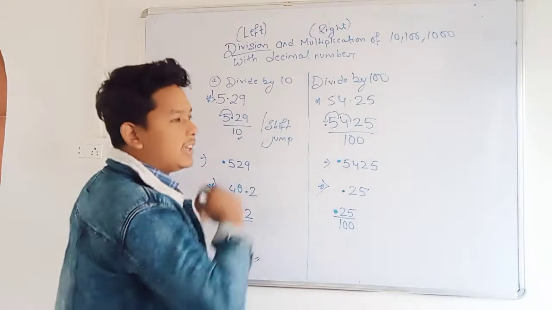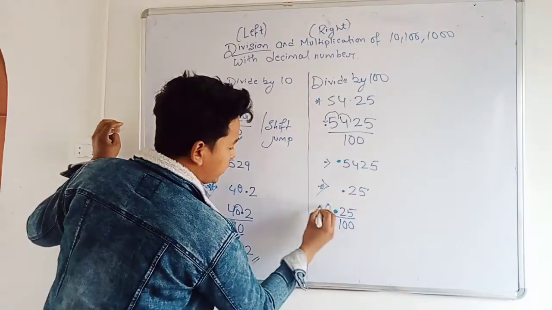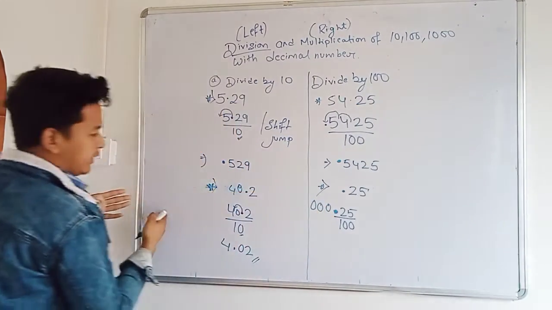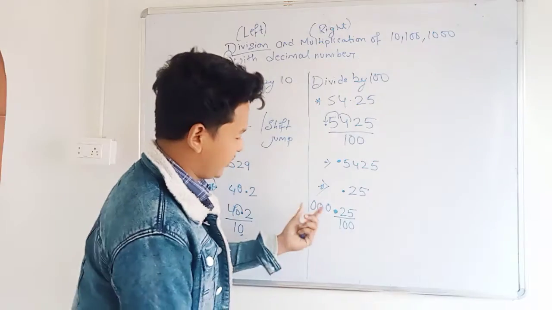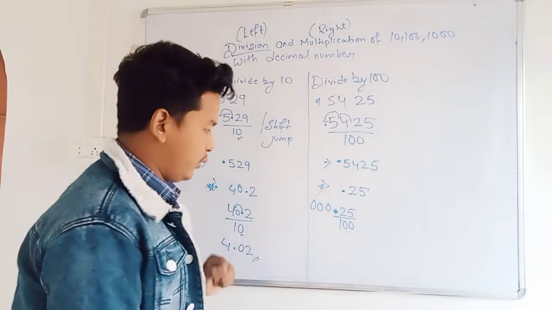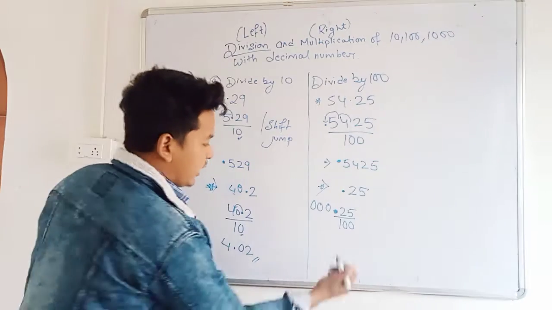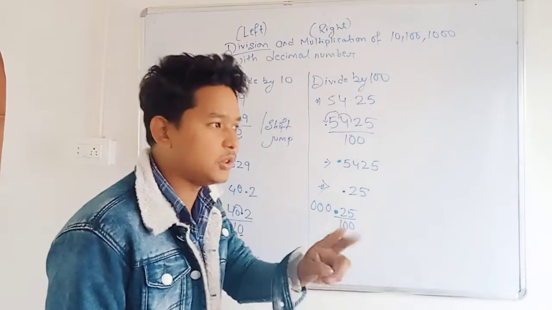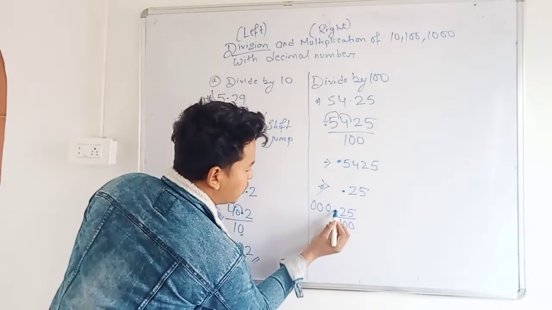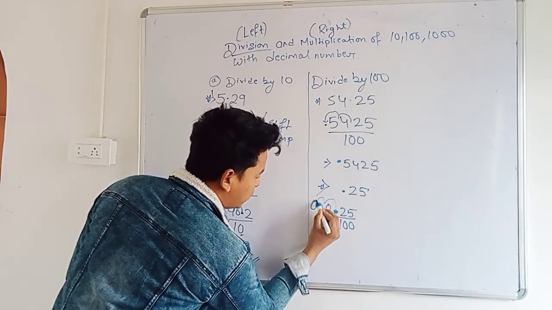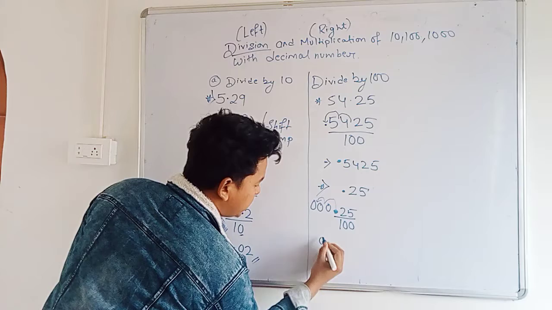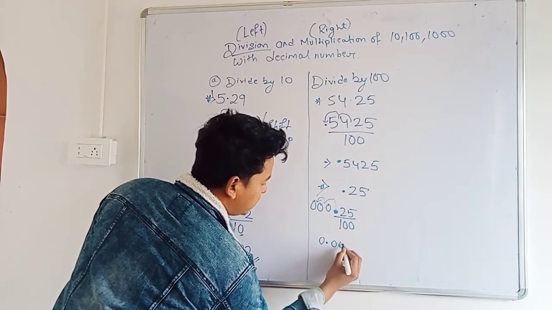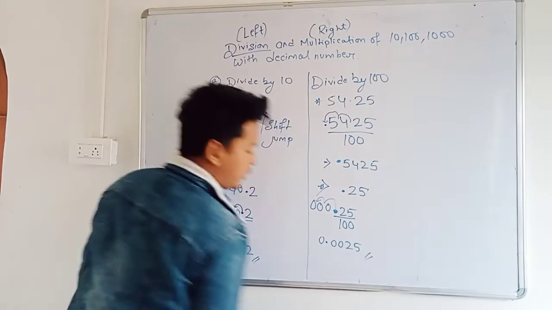You can add n number of zeros, 0, 0, 0. You can add till here also. Okay, but we will not add. So 3 zeros I am putting here. Is it okay? Now, how many zeros are there? 2 zeros, so it will jump 2 digits. So 1 digit and 2 digits. So here, so the answer will be 0.0025. Is it okay? Okay.